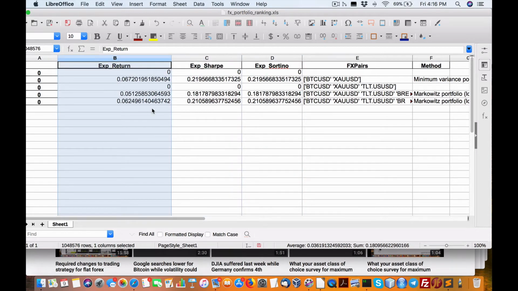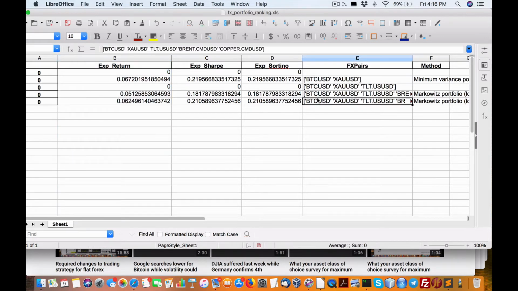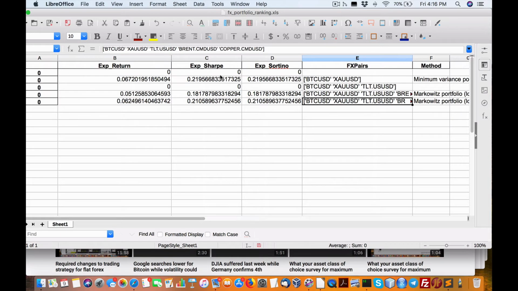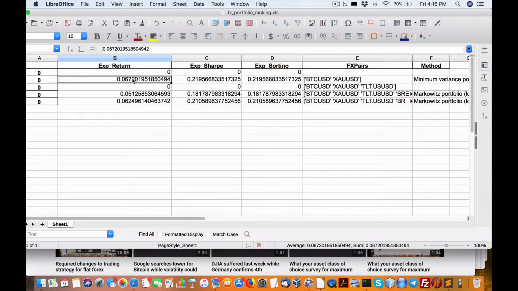If you're trading on your own, you want to go with higher expected return. If you're looking for the Sharpe, that's for industry purposes. But when you look at the different mix, with the different type of portfolio, if it's Markowitz, portfolio long short, or minimum variance, portfolio long short, you'll see that you will be able to inflate or boost your daily expected return.